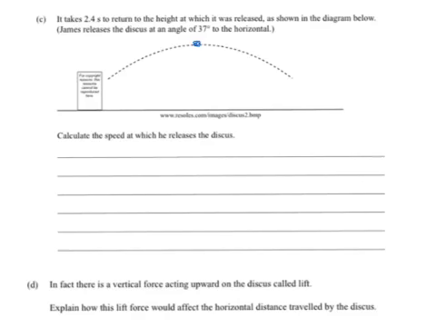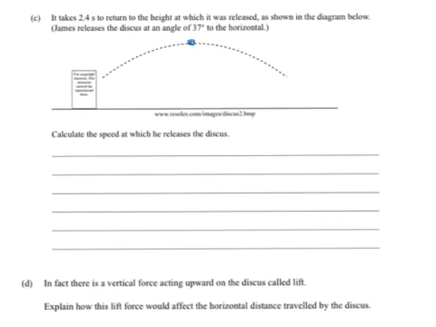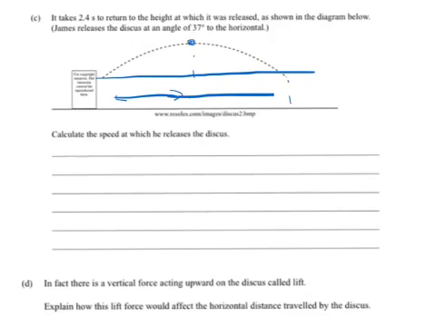C. It takes 2.4 seconds to return to the height at which it was released. So from there to there, and back down to there, so there's the height of release. So all the way down there takes 2.4 seconds. It's shown that James releases the discus at an angle of 37 degrees to the horizontal.